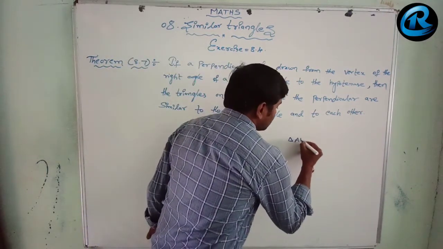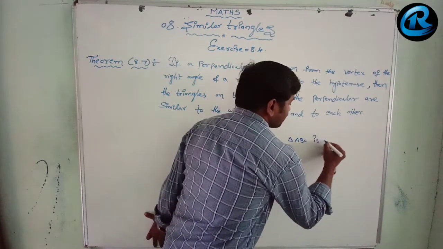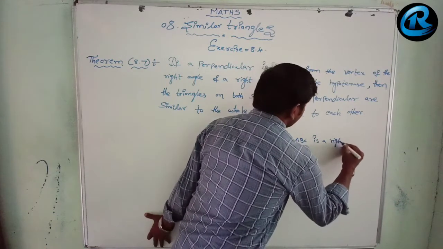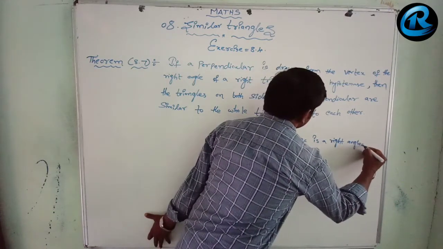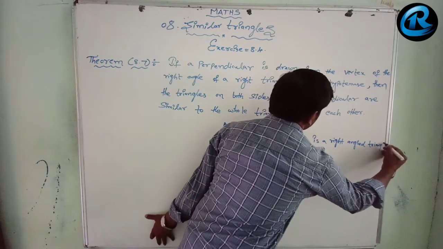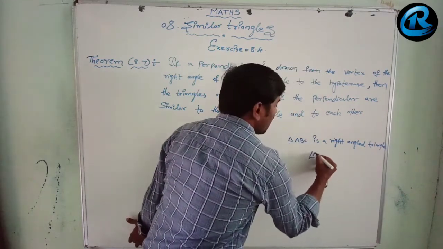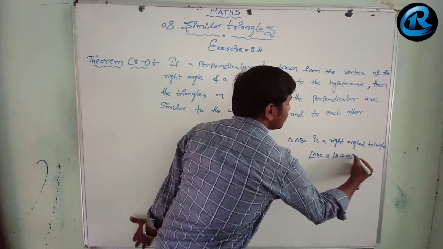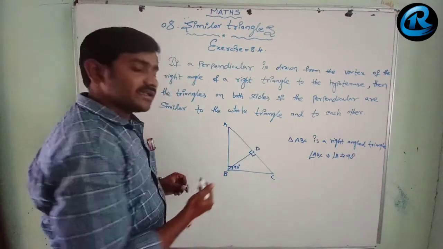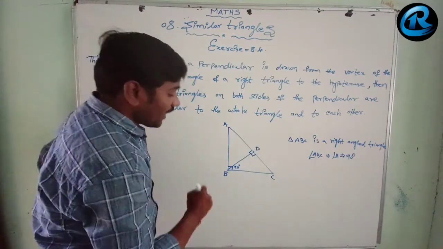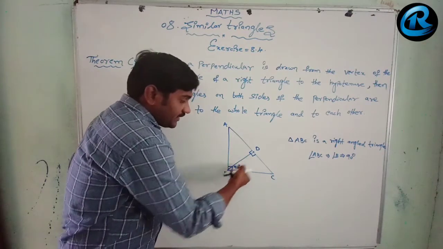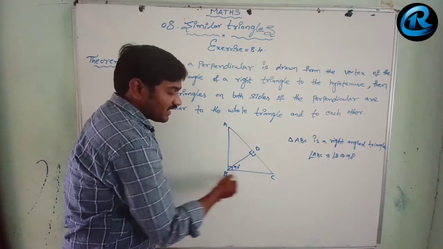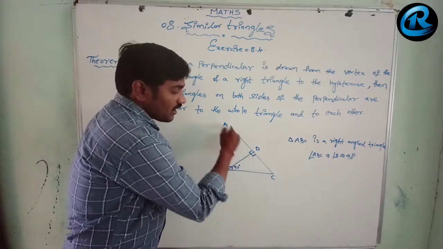Here triangle ABC is a right angled triangle. Where the right angle is located, angle ABC, that is angle B, is equal to 90 degrees. So here what we have done, we have drawn a perpendicular from the vertex of the right angle to the hypotenuse.